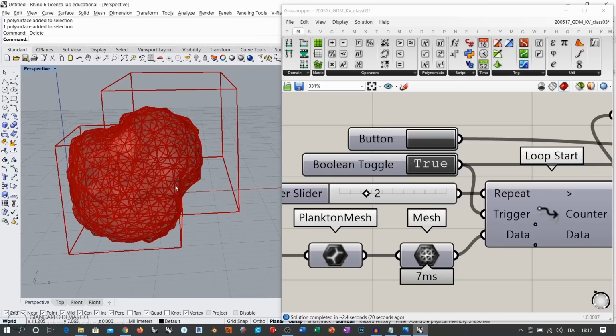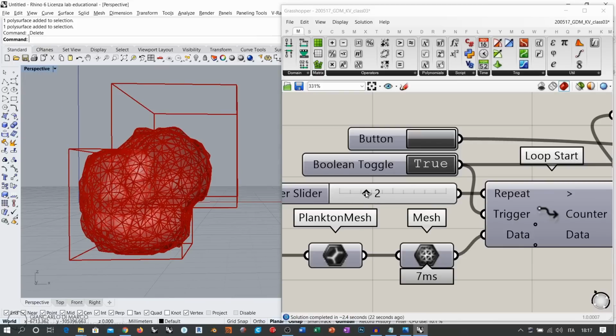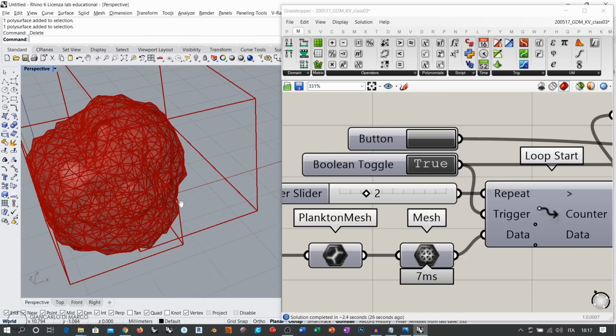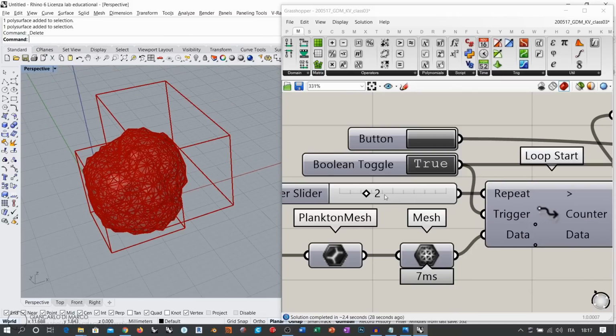Okay. Now in this case, for example, instead of increasing the amount of iterations, which basically is risky because more iterations means that this object can inflate in the meanwhile, and that the GH Python code can still split and split and split the edges iteration after iteration. Okay, so I wouldn't increase this thing here for now.